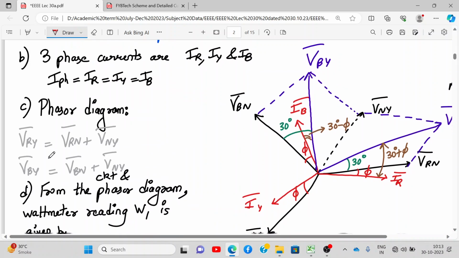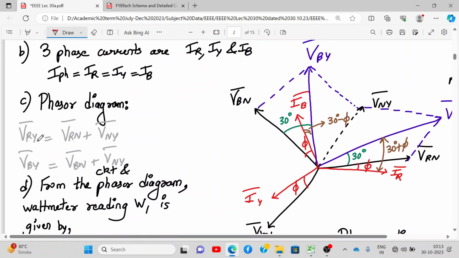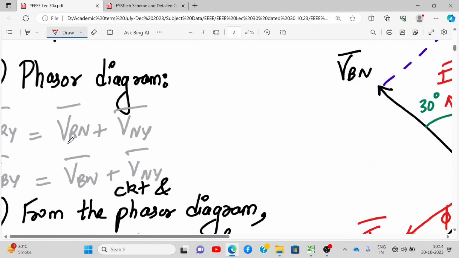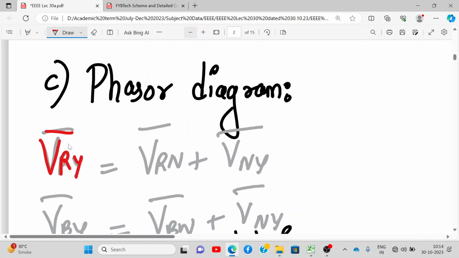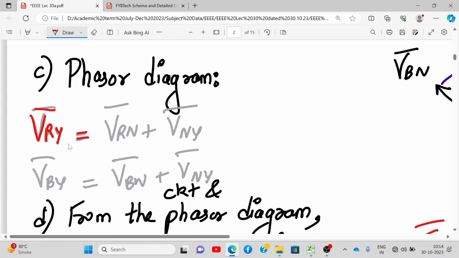Okay. Now remember VRY. What is VRY? Line voltage or phase voltage? Line voltage. Because VRY is VRN minus VYN. Can you see what is written over here? No? Let me highlight. Okay. So this is basically VRY, which is equal to VRN.